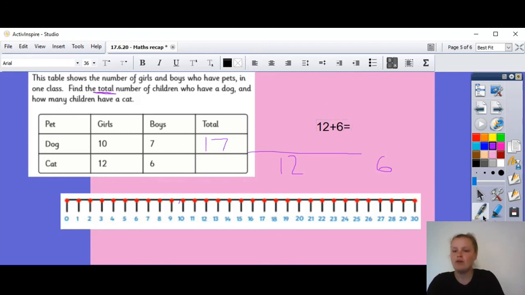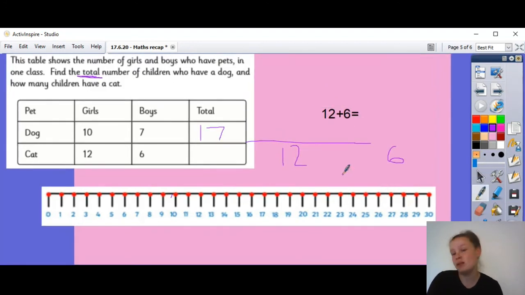Now, hopefully you've already found the answer out, but I'm going to give it a little bit more time now to see if you can find the answer. Use the number line if you need to. Okay, let's start on 12 and we need to add 6 to it.